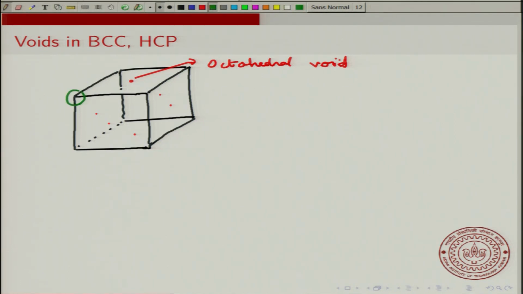Let me explicitly show the atoms that are around this void, and there would be one above it. So, this is what we mean by an octahedral void here. Now, this is slightly distorted.